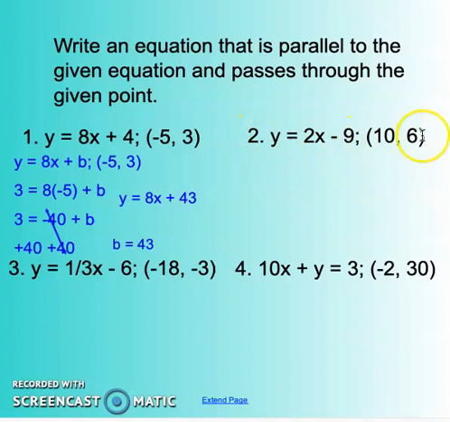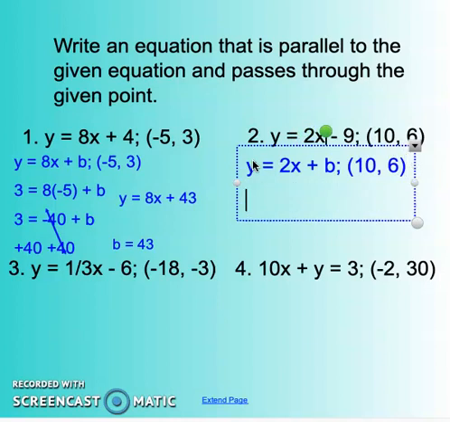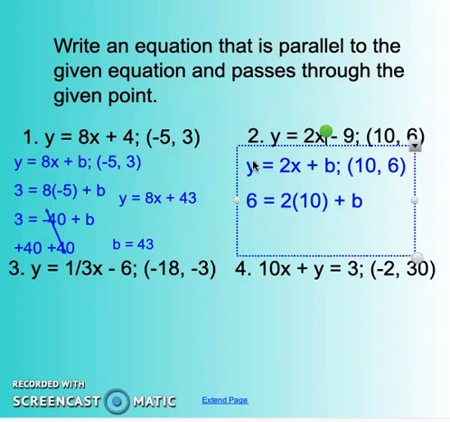Now if we look at the next one, here's the equation that's given to us, and here's the point that our parallel line will run through. Remember, slopes are equal, so I'm going to start off with 2x plus b. Then we're going to plug in the 10 and the 6. Remember, 6 represents the y and the 10 represents the x. And then we're going to solve for b. So we have 6 equals 20 plus b.